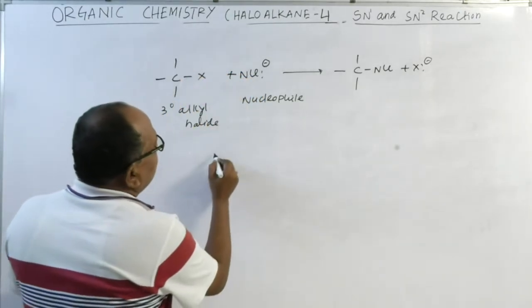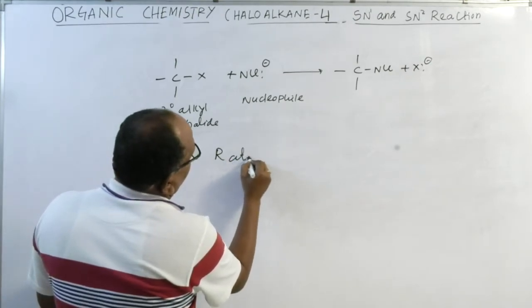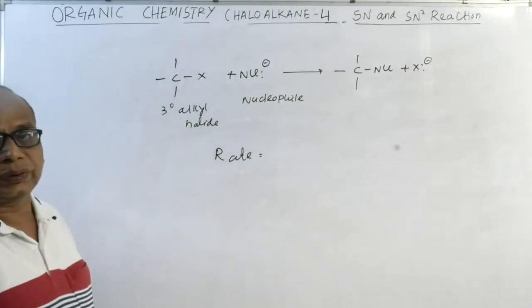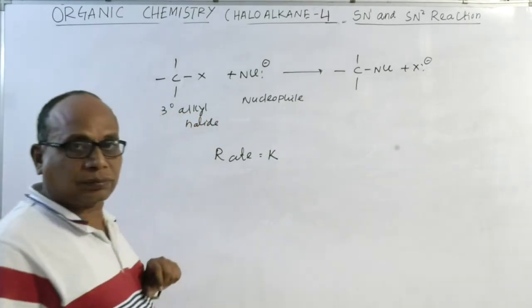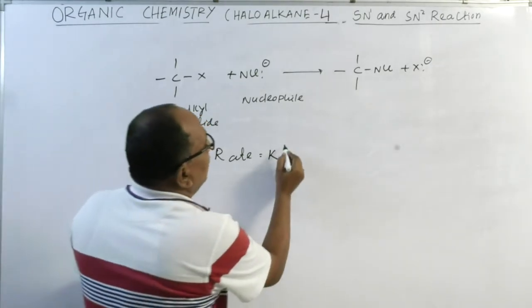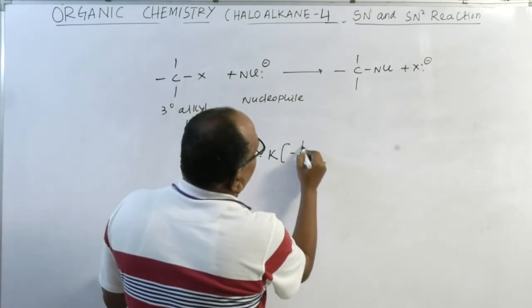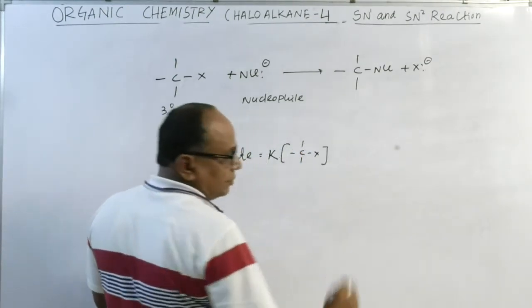Now, when you write the rate, you put a rate constant K and the molar concentration of tertiary alkyl halide only.